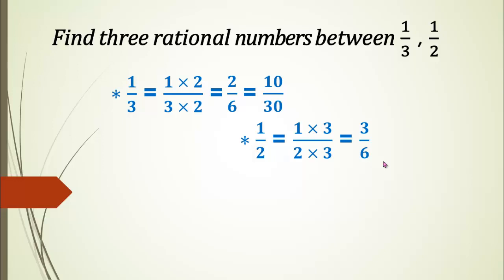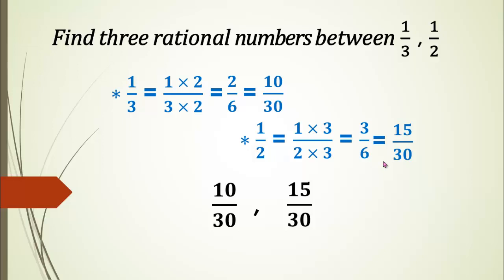And also multiply the numerator and the denominator by 5 to get 15 over 30. Now I have two completely different rational numbers, 10 over 30 and 15 over 30, but still they are equal to 1/3 and a half.